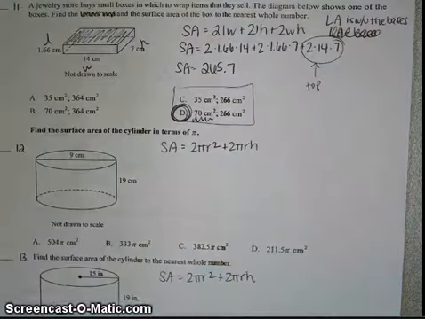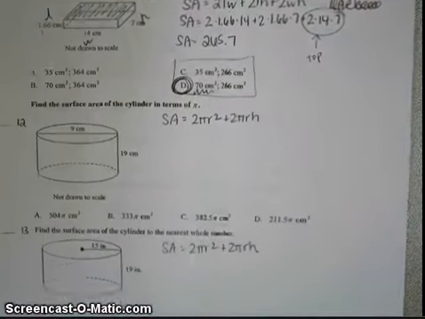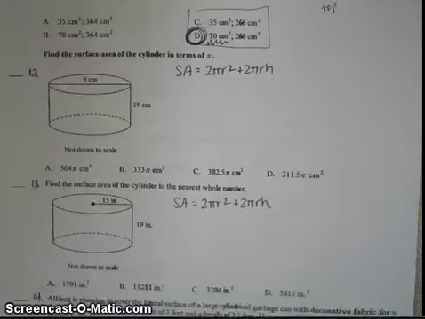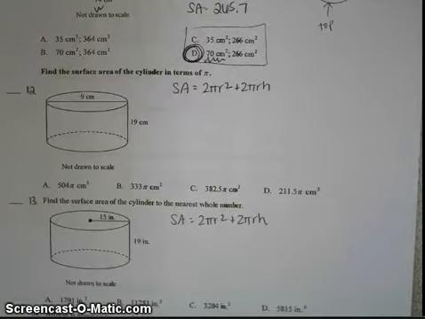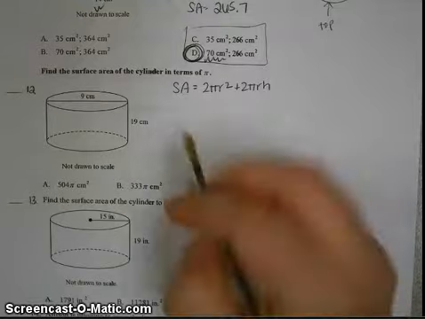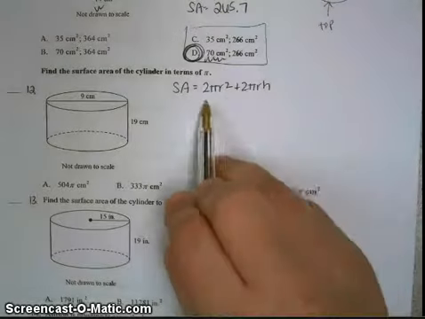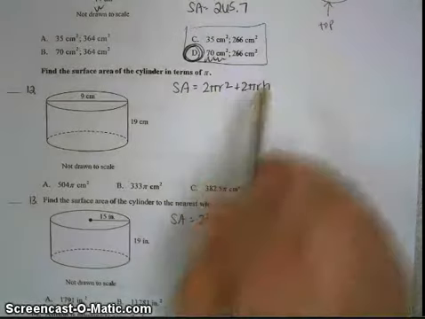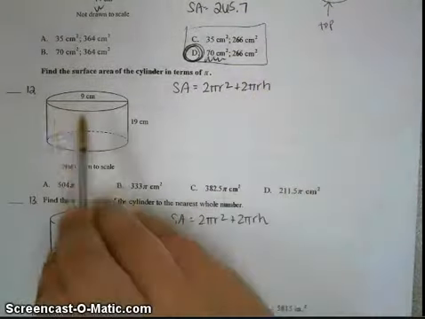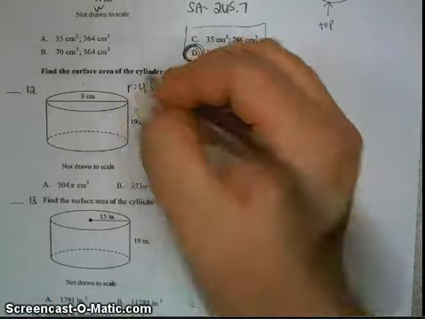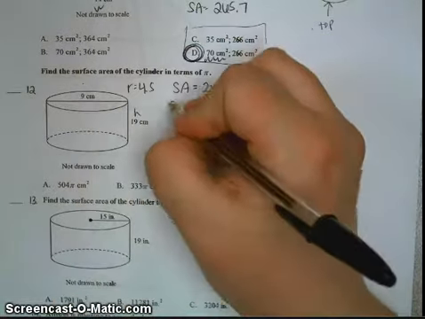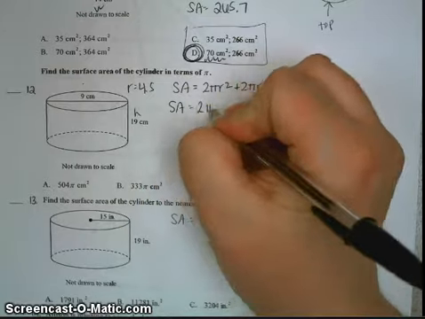Number 12, find the surface area of the cylinder in terms of pi. We'll talk about your exact answer as well as having it rounded. So surface area is 2 pi radius squared plus 2 pi radius height. So if 9 is my diameter, it means my radius is 4.5 and 19 is my height. So I just have to plug it in.